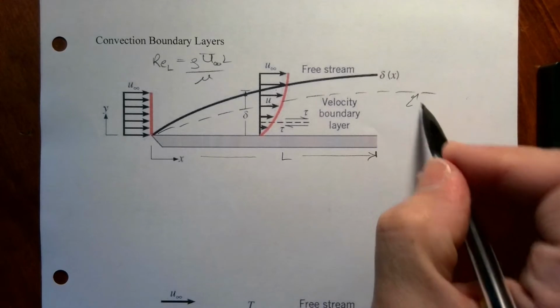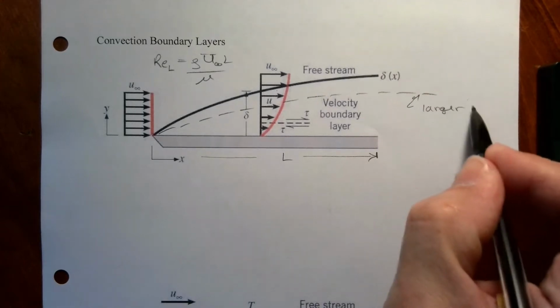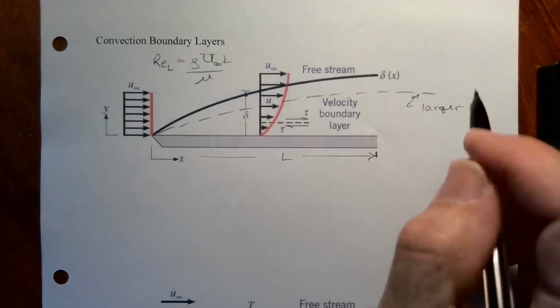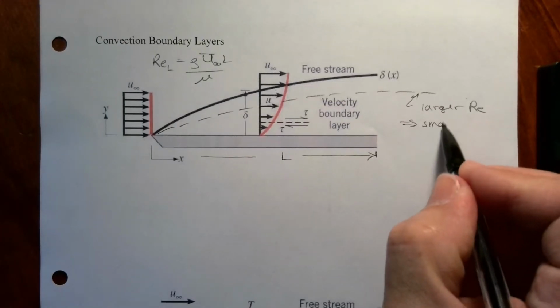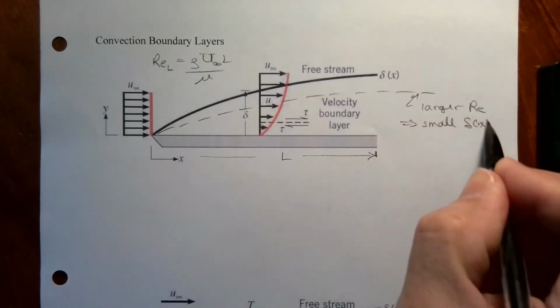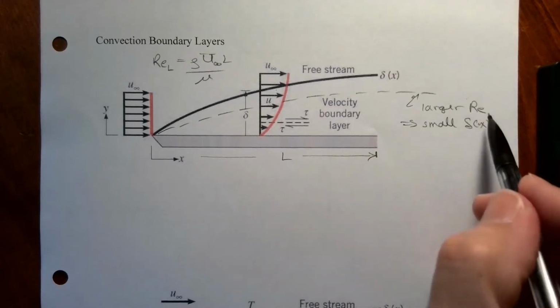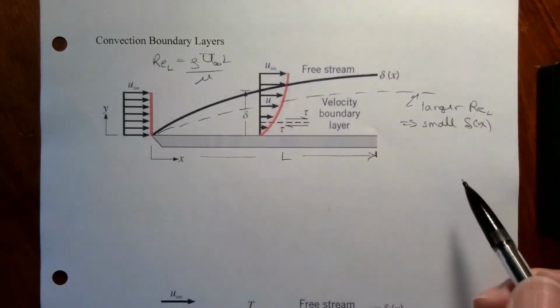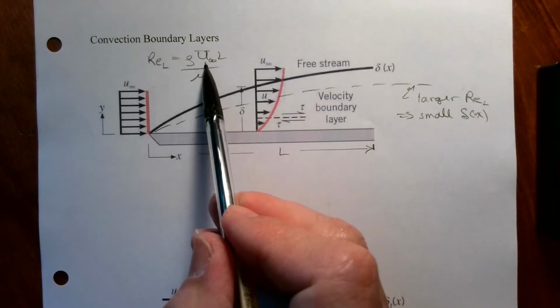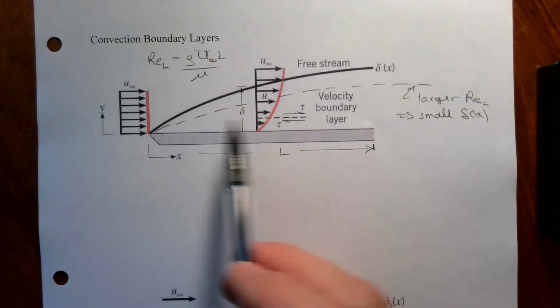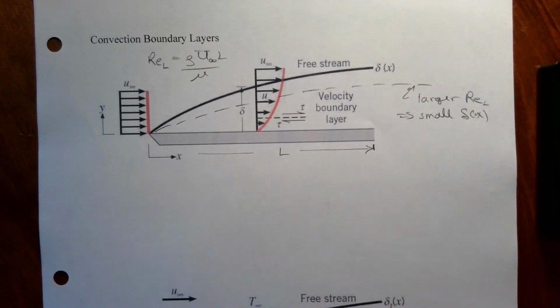So a larger Reynolds number implies a smaller delta as a function of x. Should put a little L there for that. So notice that as the velocity increases, the Reynolds number therefore increases, and you can imagine that will push the boundary layer to be smaller like that.